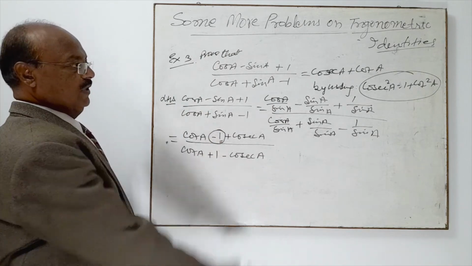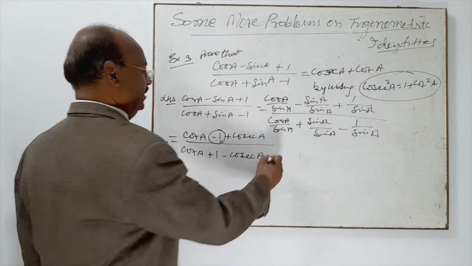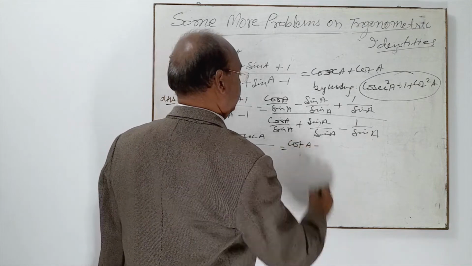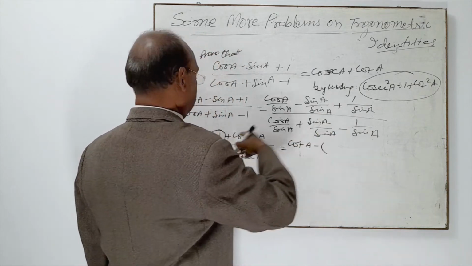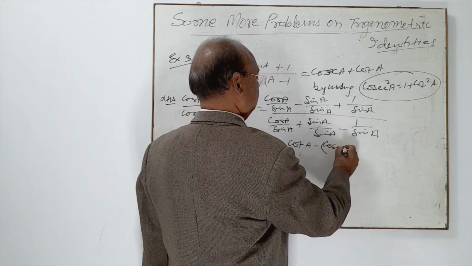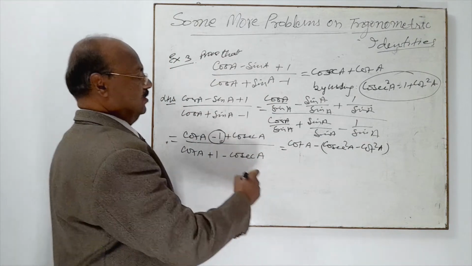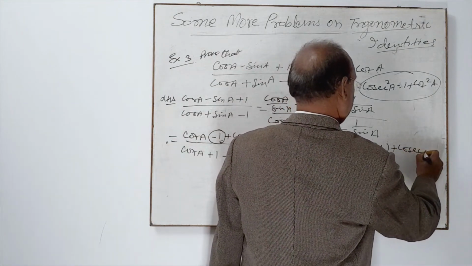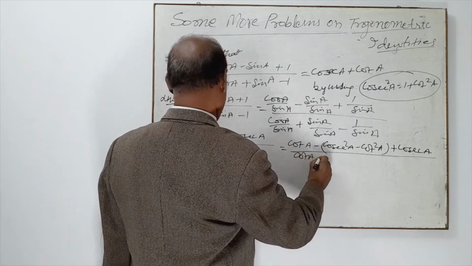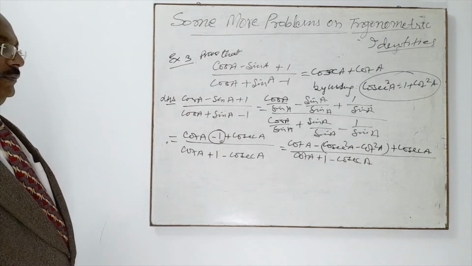So this one has to be replaced by cosec square A minus cot square A. Then we can write this is cot A minus, in place of 1, as we discussed, cosec square A minus cot square A. And the next term is plus cosec A. And we will leave denominator as it is. Cot A plus 1 minus cosec A. Correct?